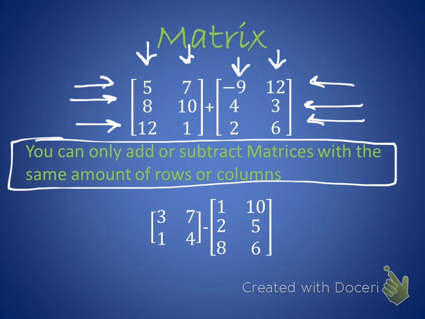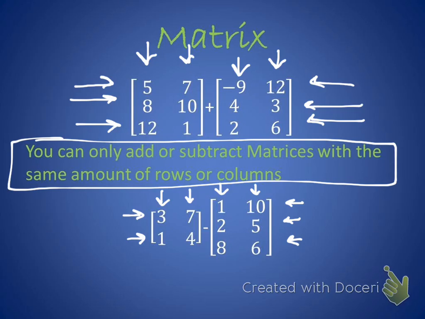So I know they have exactly the same amount of columns, exactly the same amount of rows, so I can add their numbers together. However, look at the matrices on the bottom. I've got 2 columns here, 2 columns here, so I know, okay, those match up. But in this one I have 2 rows, and this one I have 3 rows.